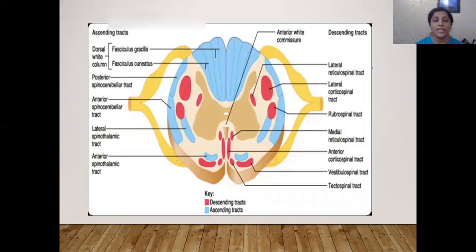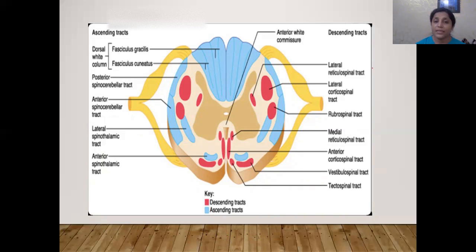Now here you can see a section again which we had seen earlier to see how the tracts of the ascending column are arranged and how the tracts of the descending column are arranged. This is simply to explain to you that these tracts are nothing but small areas depicted in the horizontal section, which are actually signifying the length of the fibers which are moving upwards.